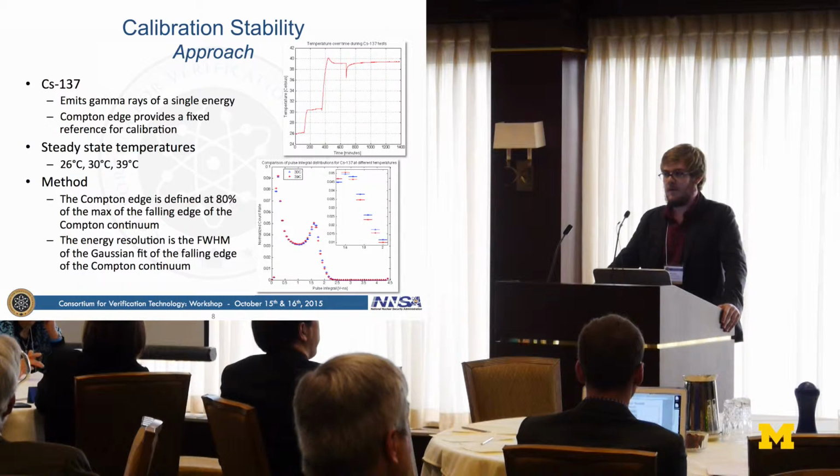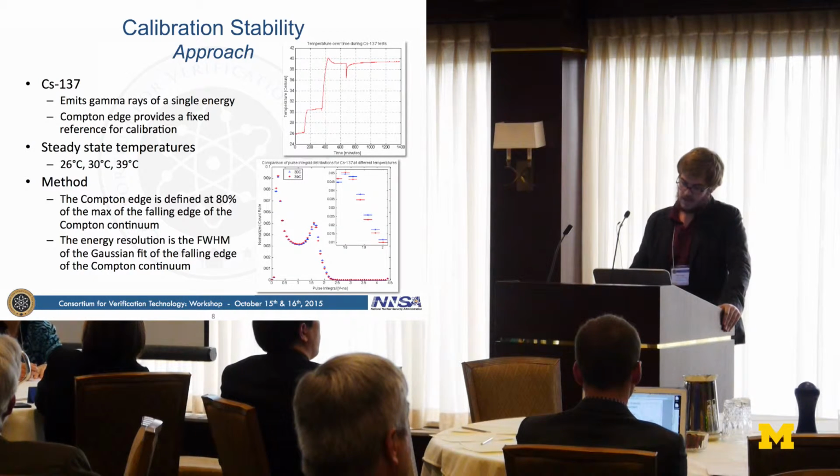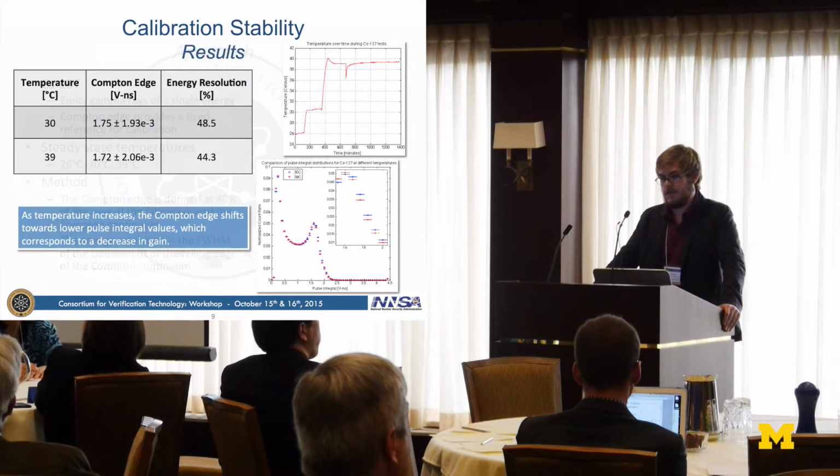We experienced some unexpected fluctuations in the voltage settings during the 26-degree experiment, and we will have to repeat that experiment to get meaningful data. However, what we can see is that as temperature increases, the Compton edge shifts towards lower pulse integral values, which corresponds to a decrease in detector gain.